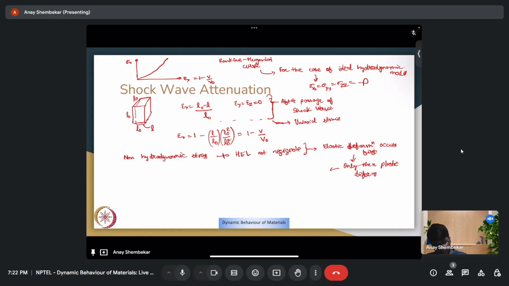Here the condition for plastic deformation is that stress is sigma yd. This is the dynamic yield stress.